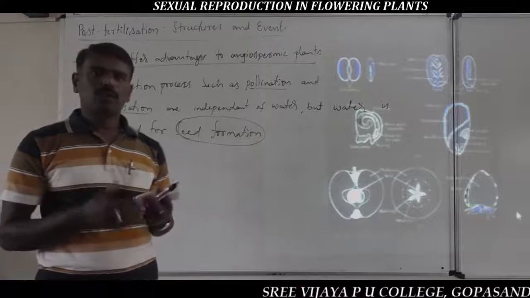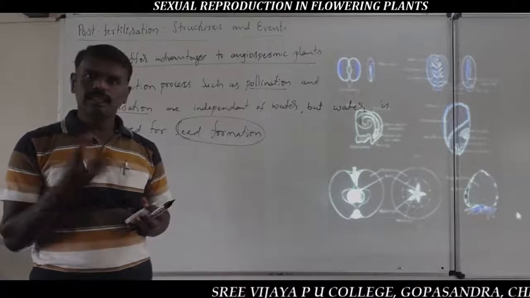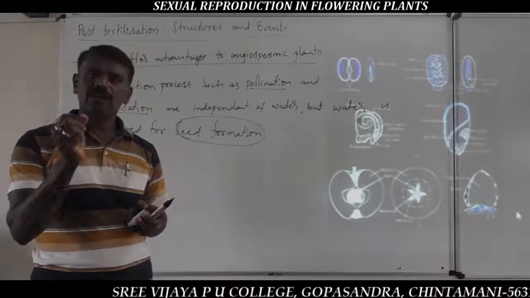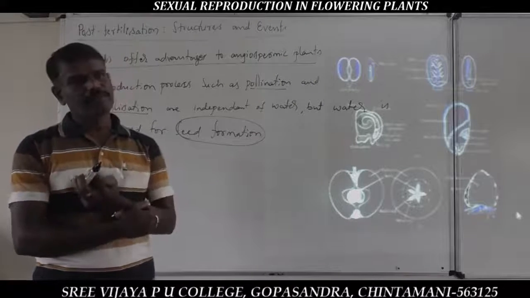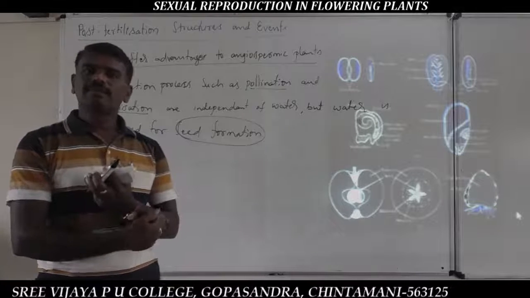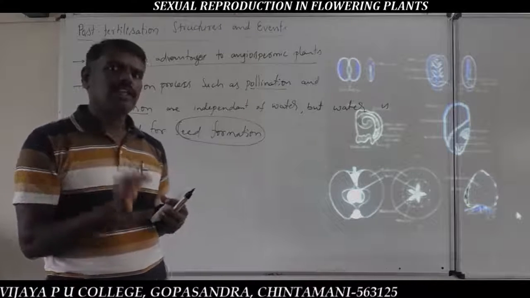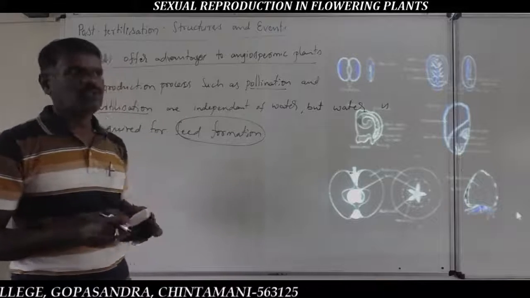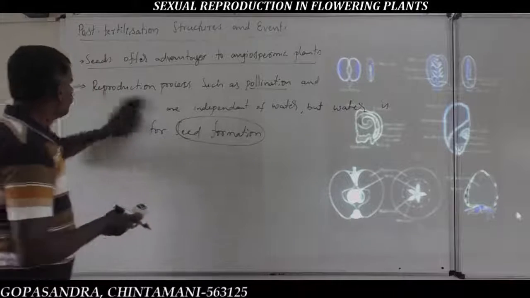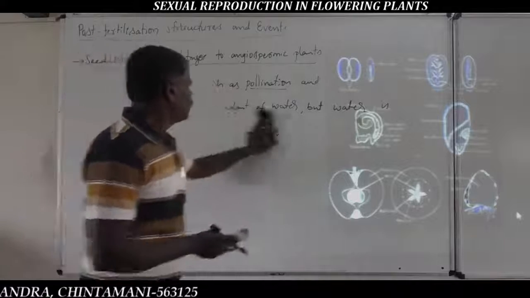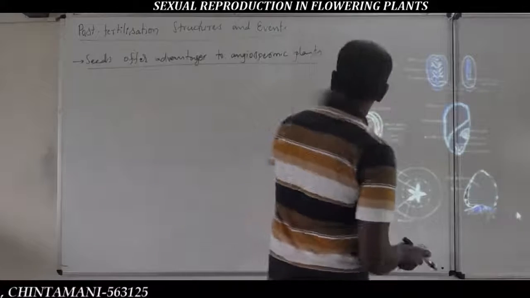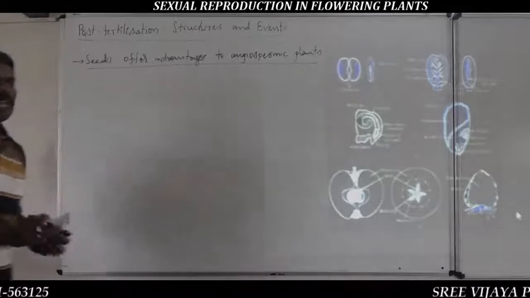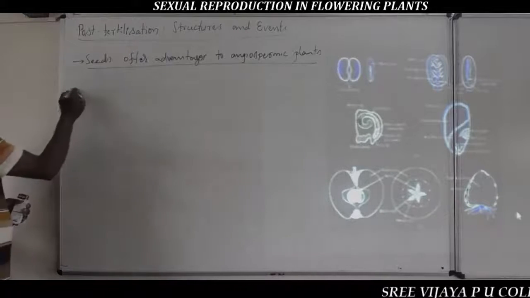Without water in the fruit, how is the seed formed? That seed would be very small in size. So seed formation depends on water. So it is one of the advantages of seeds towards the angiospermic plants.